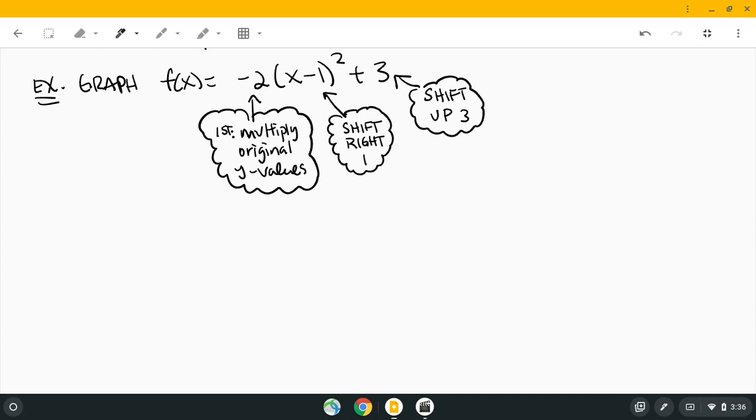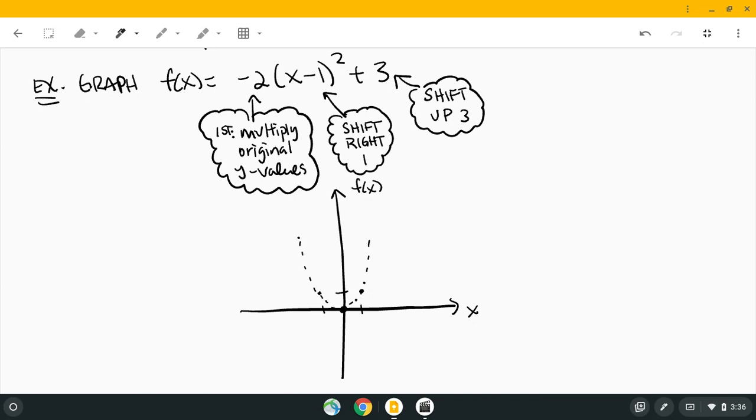Again, the parent function here is x squared. All right, so parent function, we have points at 0, 0, 1, 1, negative 1, 1. Okay, so here is my ghost function.